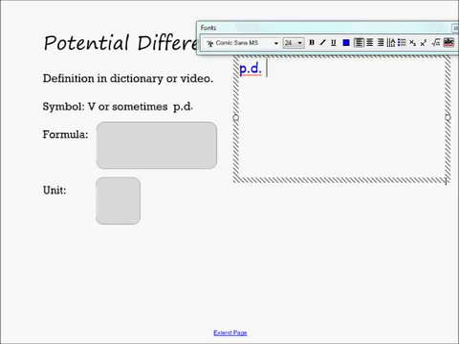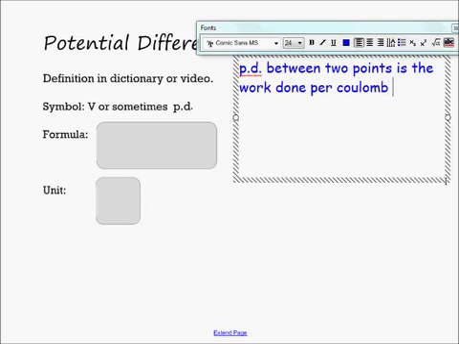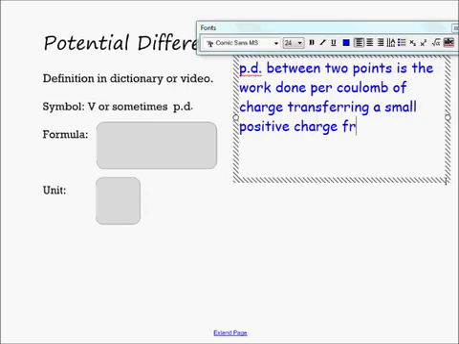Potential difference between 2 points is the work done per coulomb of charge transferring a small positive charge from one point to another.